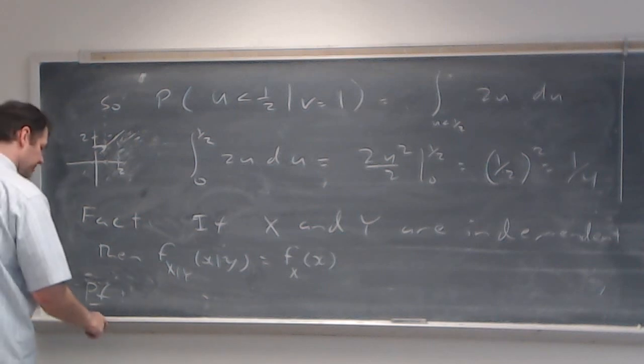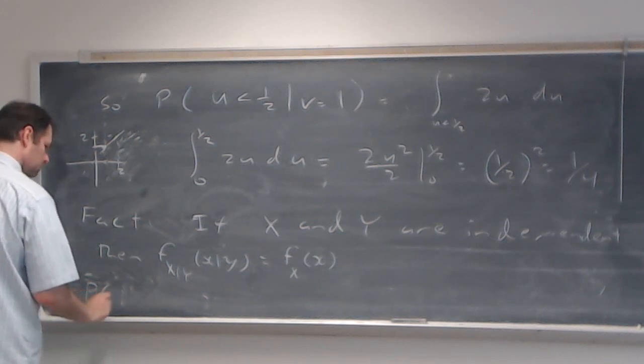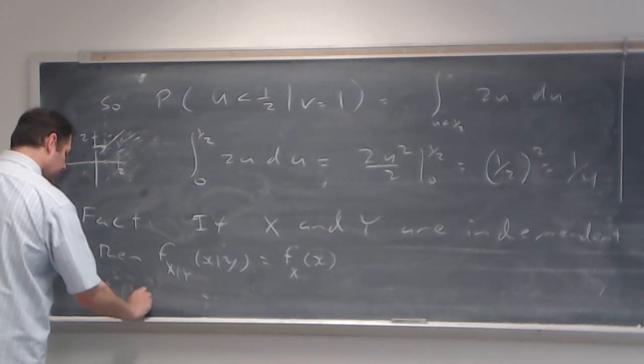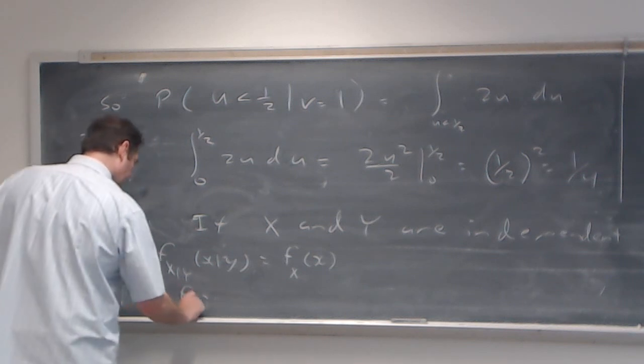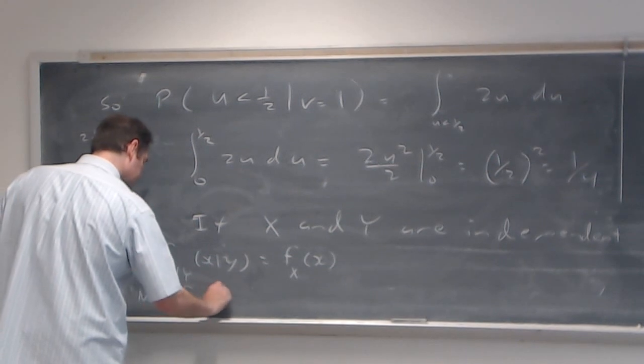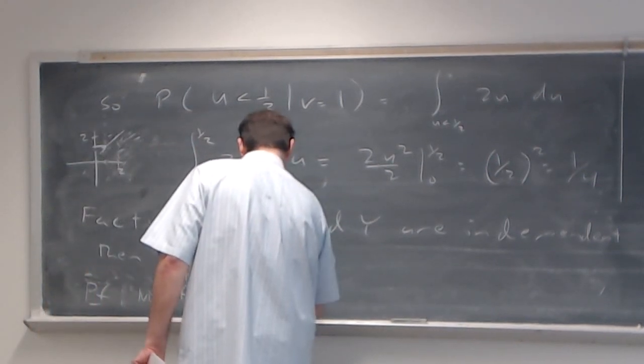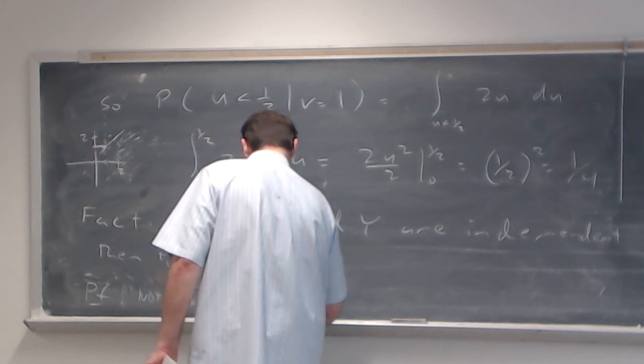So the one-line proof is the following. Note, f of x given y, by definition, is f of x comma y over f sub y.